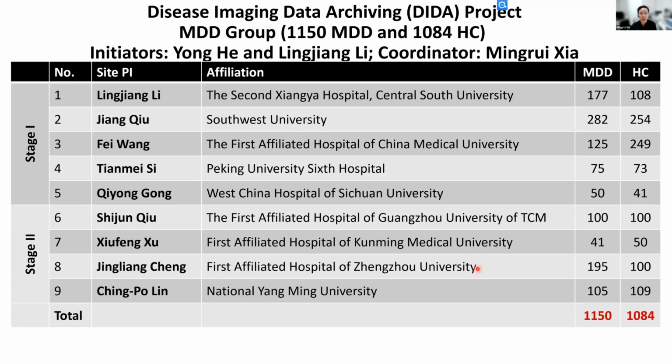We established standardized archiving and management and data pre-processing procedures and quality control pipelines for all the data sets. This data was shared among the participating institutes. This project is still ongoing and we welcome more collaborators.